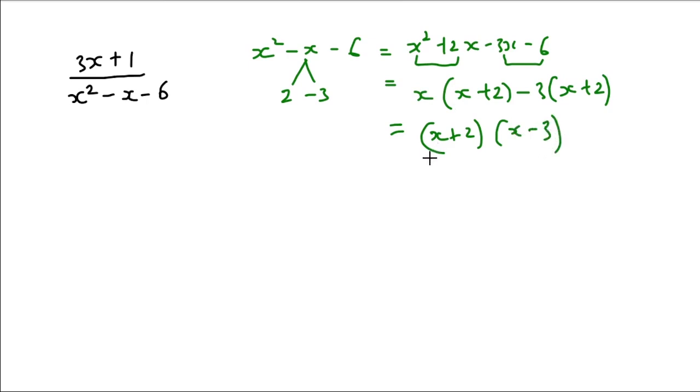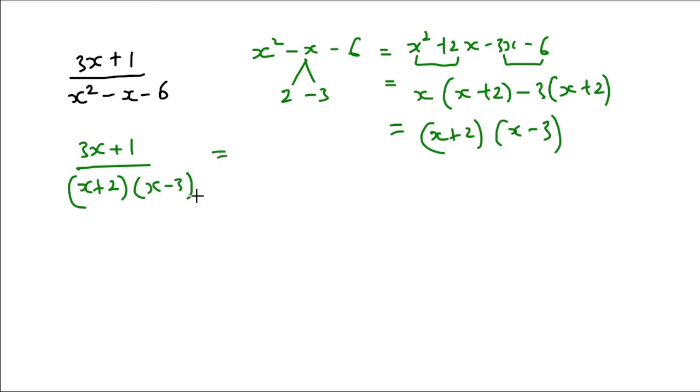So we are able to factorize this denominator. So it has linear factors. This expression becomes 3x plus 1 over x plus 2 into x minus 3. So how do we decompose this?